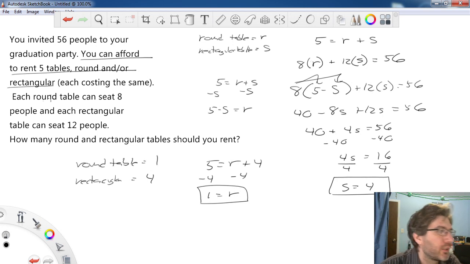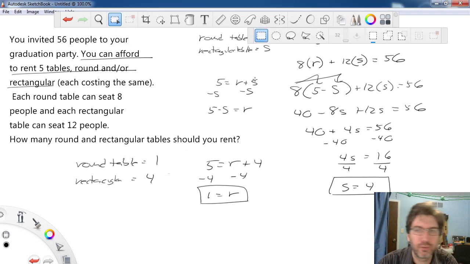And you can double check that as well. Each round table holds 8, so there's 8 people there. And each rectangular table holds 12, so there's 48 there. And 8 plus 48 is going to give you your 56. So that one's a little easier, not as wordy as the other ones.